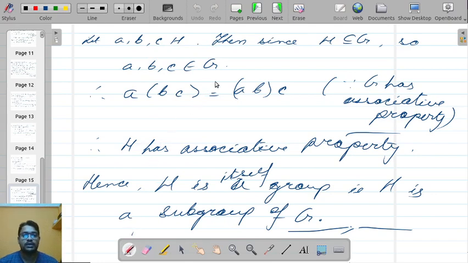Since H is a subset of G, A, B, C are also elements in G, so they will satisfy the associative property: A plus B plus C will be equal to A plus B plus C. So H has the associative property, hence H is itself a group, that is, H is a subgroup of G. So this is the proof.